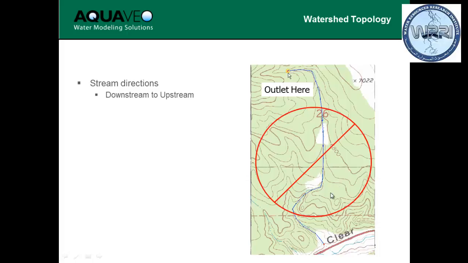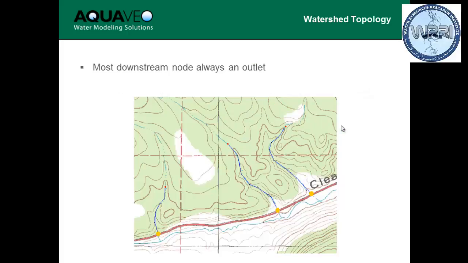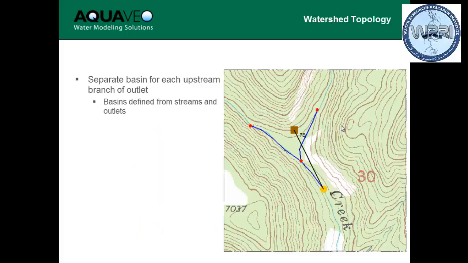If I start here and go from upstream to downstream, then WMS will create an outlet at the upstream end. That means my watershed model is defined assuming that outlet is at the upstream end of your watershed instead of the downstream end, which is not correct. So you always want to start downstream to upstream. The most downstream node always has to be an outlet in WMS. You cannot change that. It's always going to be an outlet.